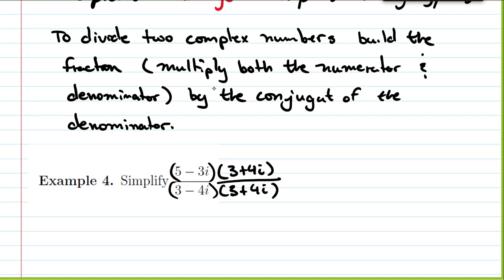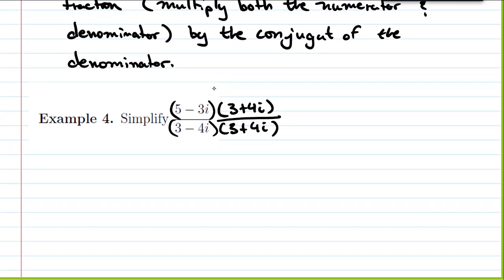So then we need to multiply all of this out and simplify. So we start, 5 times 3 is 15, 5 times 4i is 20i, negative 3i times 3 is negative 9i, and negative 3i times 4i is negative 12i squared.